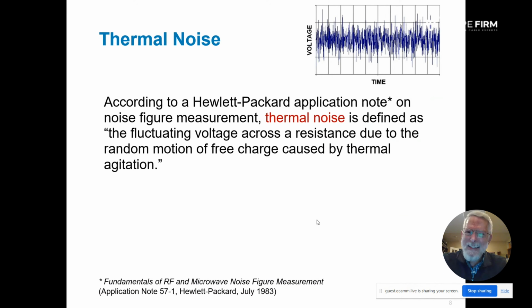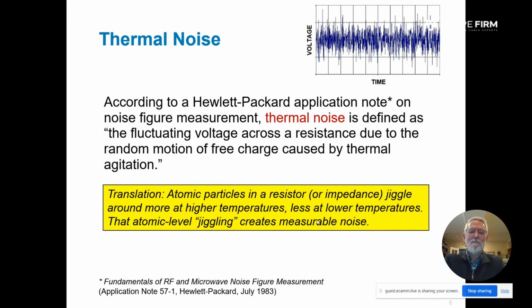You go, what? Here's the translation. Atomic particles in a resistor or impedance jiggle around more at higher temperatures and less at lower temperatures. That atomic level jiggling creates measurable noise.